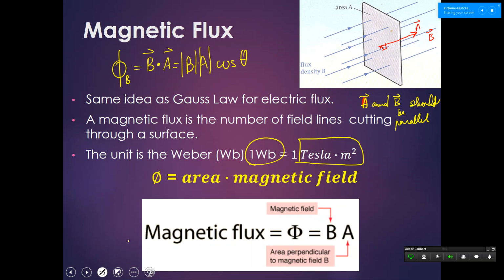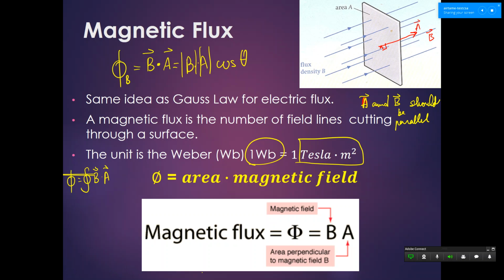Do you guys remember that flux is equal to the surface integral of the field multiplied by the area? Whether it was the magnetic field or the electric field, it's the same equation, a surface integral of that. What we simplified it to is, if we have a uniform magnetic field or a uniform electric field, we can take that out of the integral.